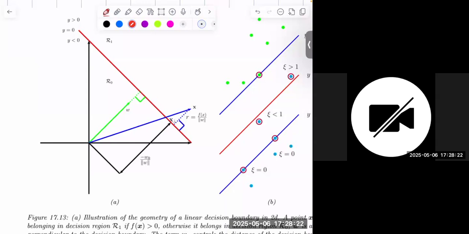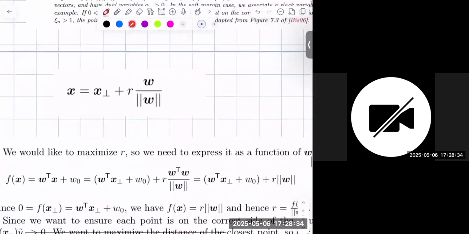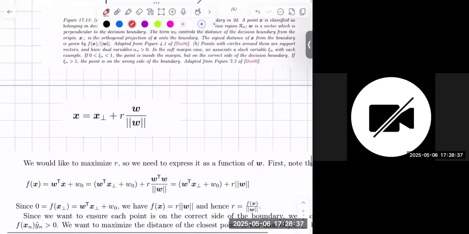Turns out you just need to think about the projection of your data point onto the boundary and look at the orthogonal vector from there. To write it in a more mathy way, you take your data point. This is the projection, and this is the direction going towards your data point from the projection. You want that number to be as big as possible. That number is your margin from the boundary. If this is 0, you're literally on the boundary.